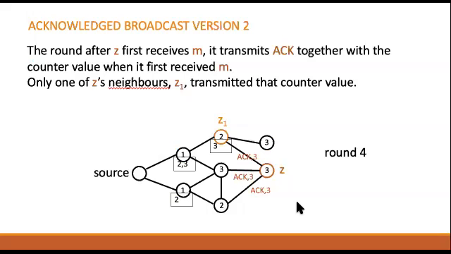In round 4, Z transmits an acknowledgement together with 3, the counter value when it first received M. All of Z's neighbors receive this message, but only one of them, Z1, had transmitted a message with counter value 3.